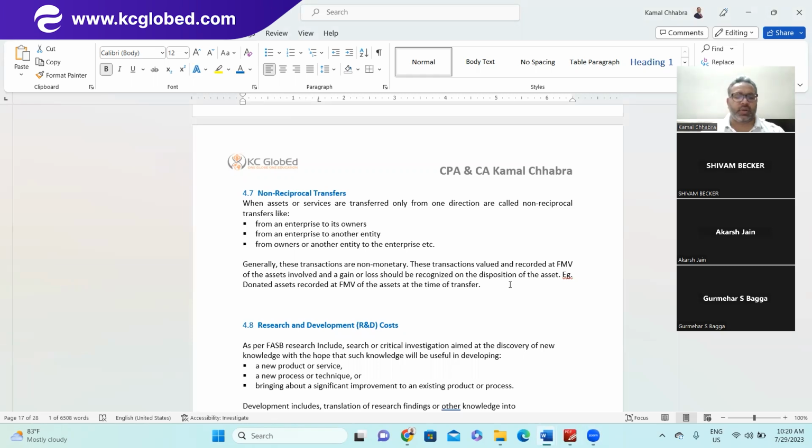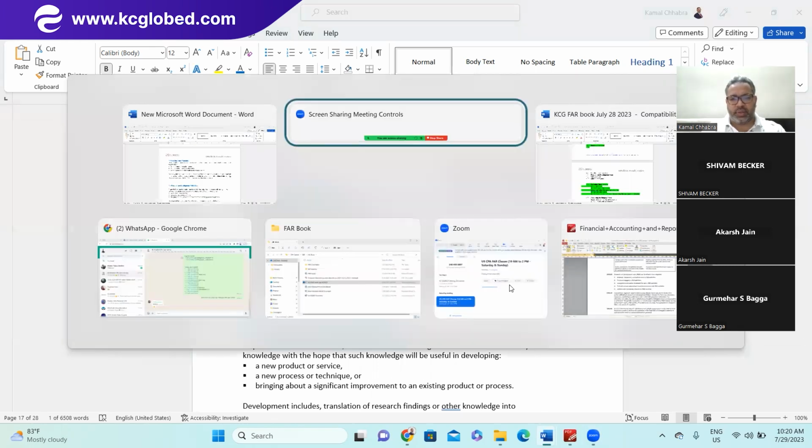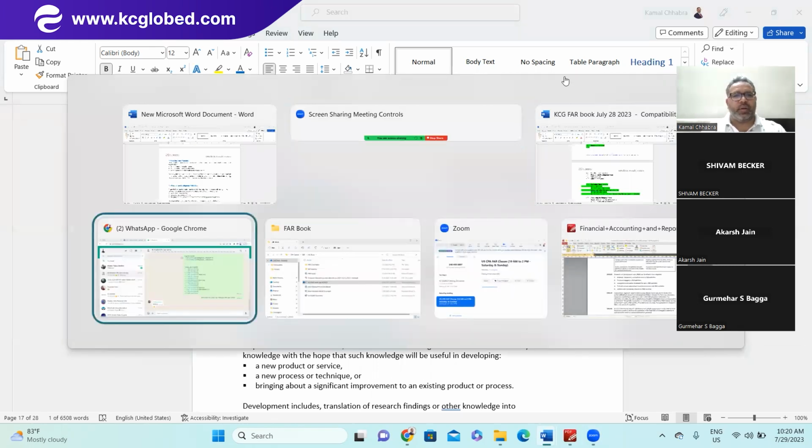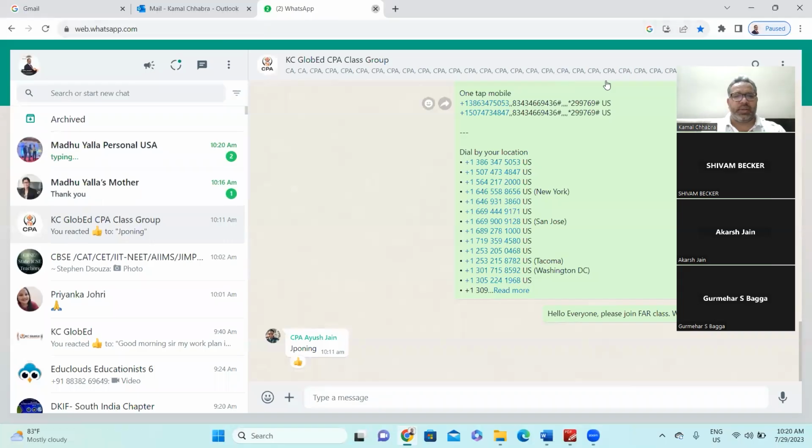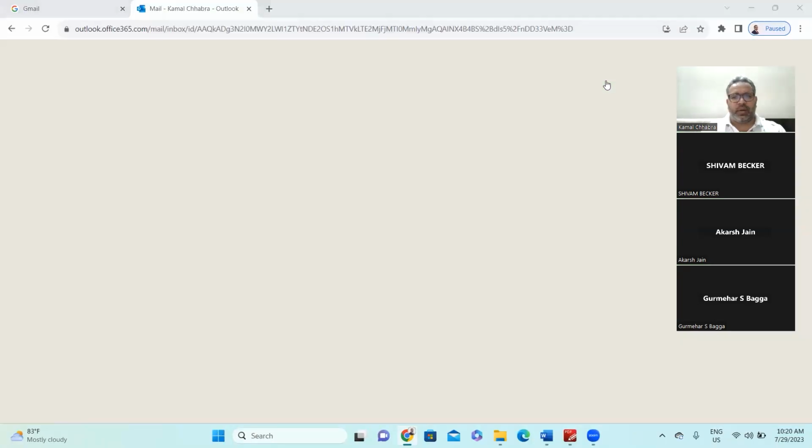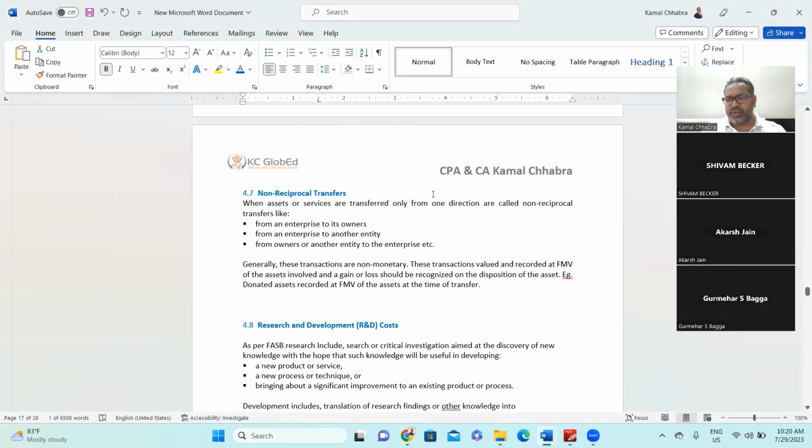On the other hand, categories like gifts, donations, or charitable contributions are non-reciprocal transfers, where the transaction is happening from one place to another, but not receiving any assets or cash in return, or no consideration attached to that.